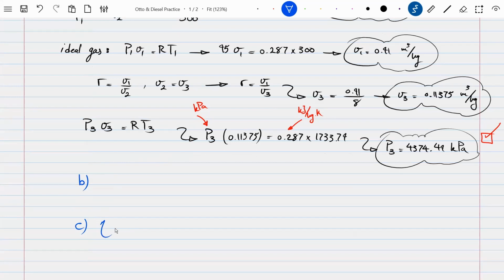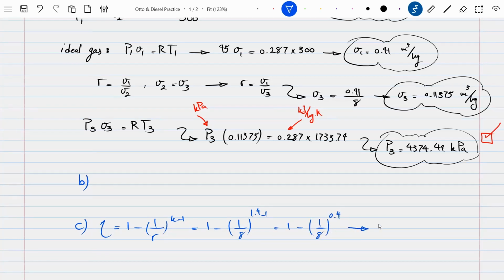Now, we know that for an ideal Otto cycle, the efficiency follows this simple equation: 1 minus 1 over R raised to k minus 1. For the numbers that we have, we are looking at 1 minus 1 over 8 raised to 1.4 minus 1, which is essentially 1 minus 1 over 8 raised to 0.4.